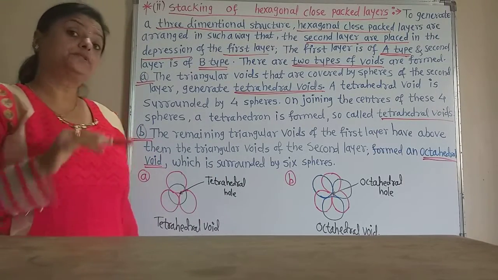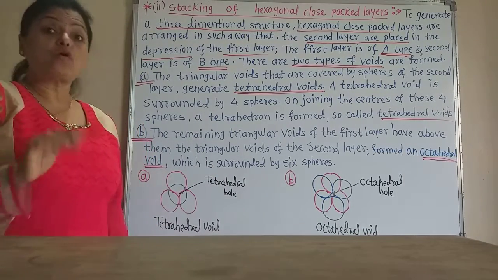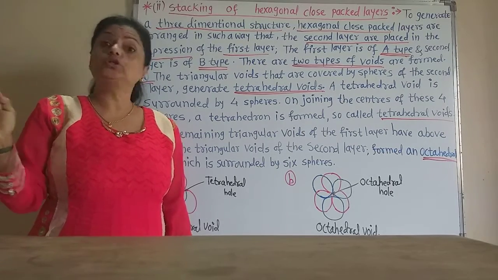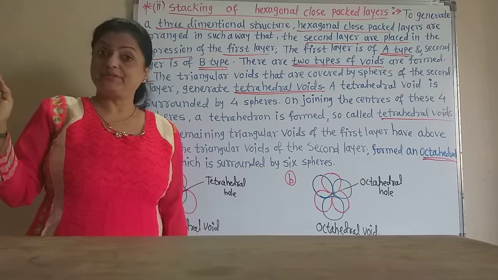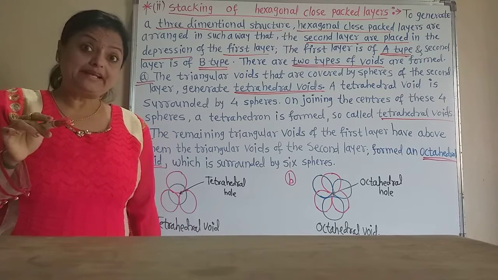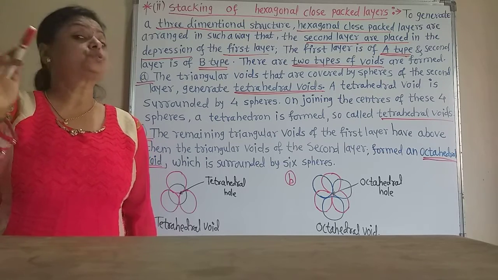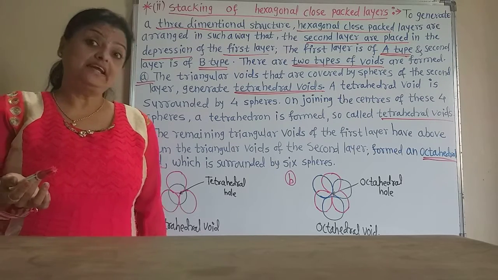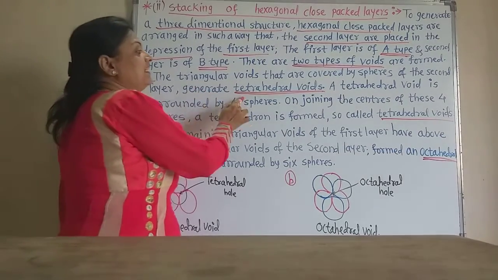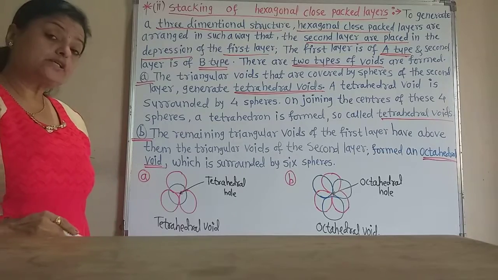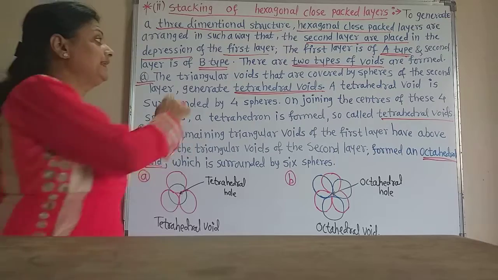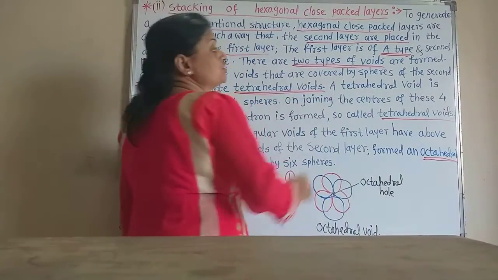Due to the covering of the second layer, the triangular voids present in the hexagonal close pack, we know that there are triangular voids in the two-dimensional hexagonal close pack. Now, out of them, the triangular voids which are covered by the spheres of the second layer are called the tetrahedral voids, because there is the formation of a tetrahedron-like shape.